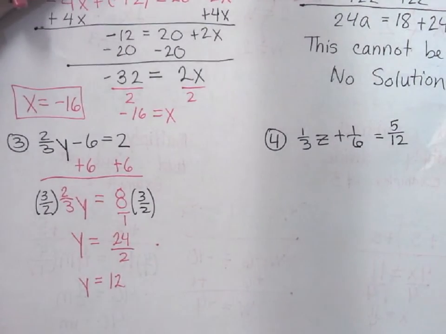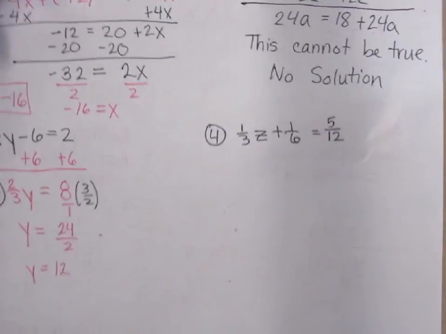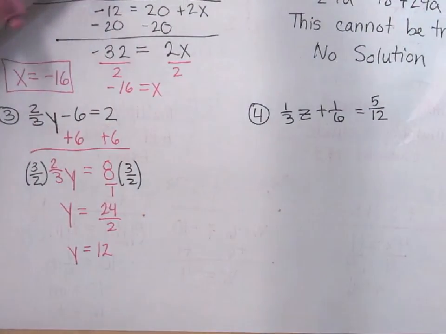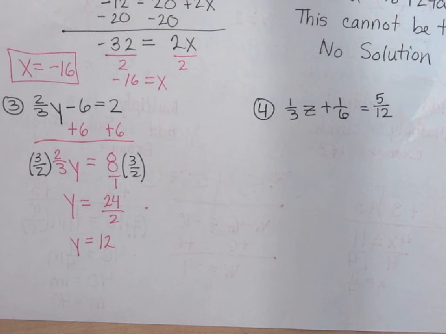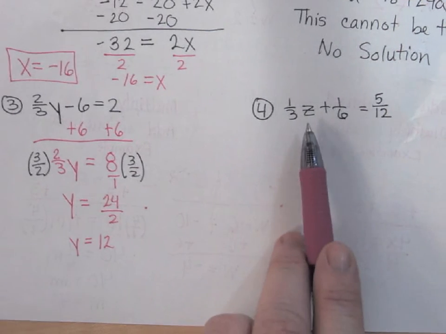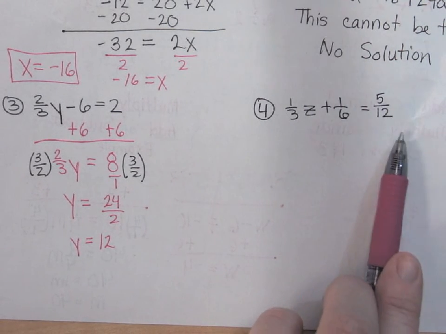Okay, now number 4 is a little bit different because there's a lot of fractions with number 4. But we can do something to eliminate the fractions. A fraction just means division. So we can use multiplication to eliminate the denominators. So here my denominators are 3, 6, and 12.